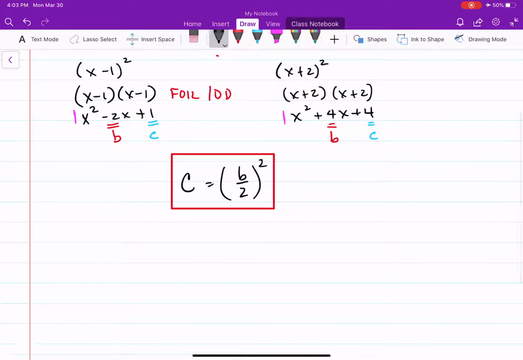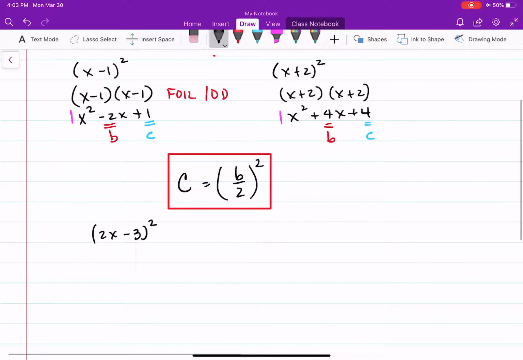The next thing I want to talk about is this. Let's take a binomial that doesn't make the a equal 1, for example 2x minus 3 squared. Well, this is 2x minus 3 times 2x minus 3.